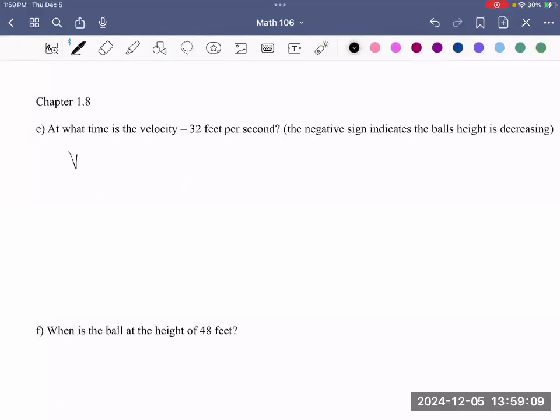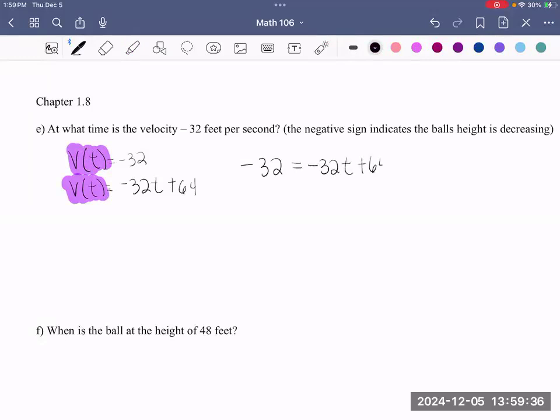So if we know v of t is equal to negative 32, we also have your equation for your velocity, negative 32t plus 64. What are we going to do like we've done in previous sections? Well, these are both equal to one another, so we can set them equal to one another. Negative 32 feet per second is equal to negative 32t plus 64.